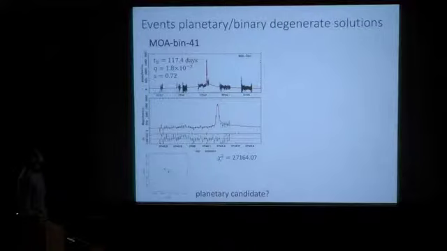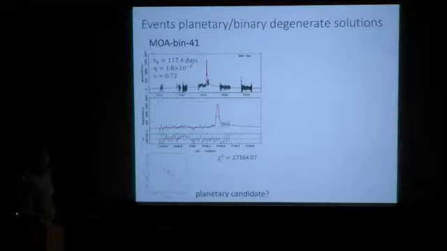So we also found some events which have planetary and binary degenerate solutions. This MOA-bin-41 is one of such events. At first, we found the best fit model, which has a planetary mass ratio of 1.8 times 10 to the minus 3 for this event, and this is the caustic geometry.